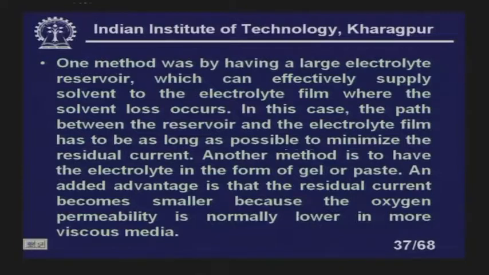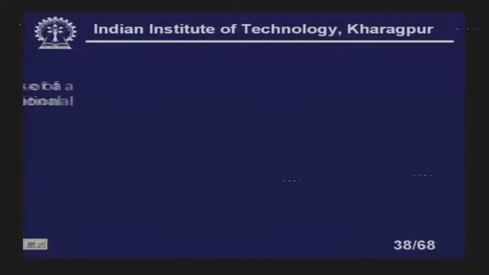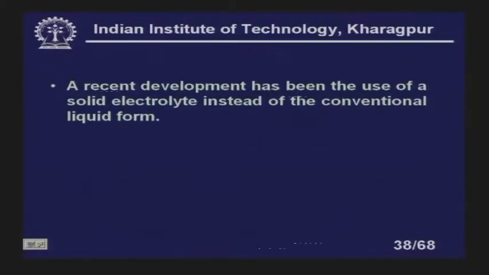Another method is to have the electrolyte in the form of a gel or paste. An added advantage is that the residual current becomes smaller, because the oxygen permeability is normally lower in a more viscous medium. A recent development has been the use of a solid electrolyte instead of the conventional liquid form. So, this will eliminate the previous problems which we have discussed.